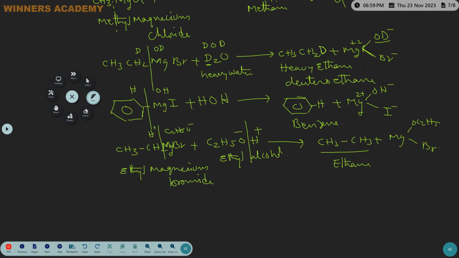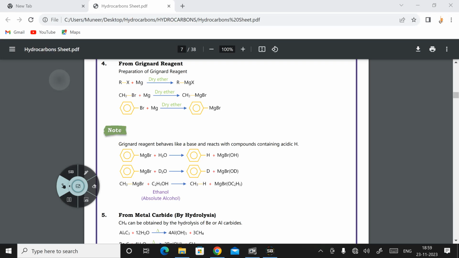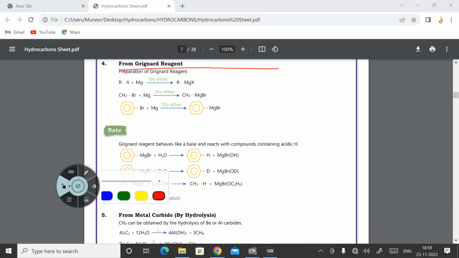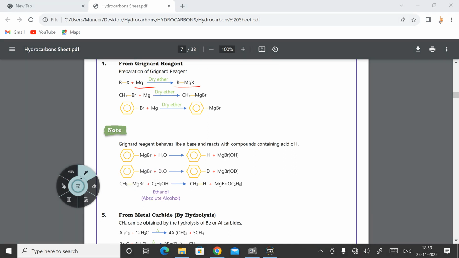That is about preparation of Grignard reagent and preparation of alkanes from Grignard reagent. Okay. Is it clear now? So here, RX when treated with magnesium gives RMgX, Grignard reagent: CH3MgBr, methyl magnesium bromide; bromobenzene with magnesium gives phenyl magnesium bromide. You can write any halogen atom here.